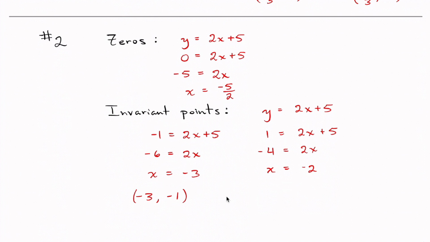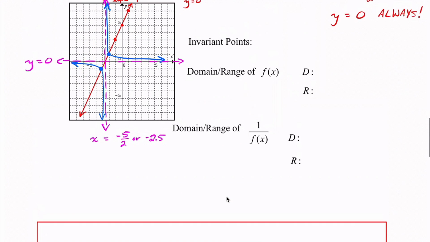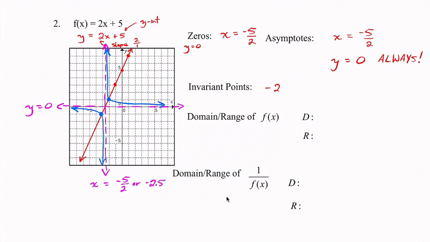And then our right one, when x is -2, our y was, we changed it to a +1. So those are our two invariant points. So I'm just going to scroll up and then write those down. So it's -2 and 1, and then our other one was -3 and -1.